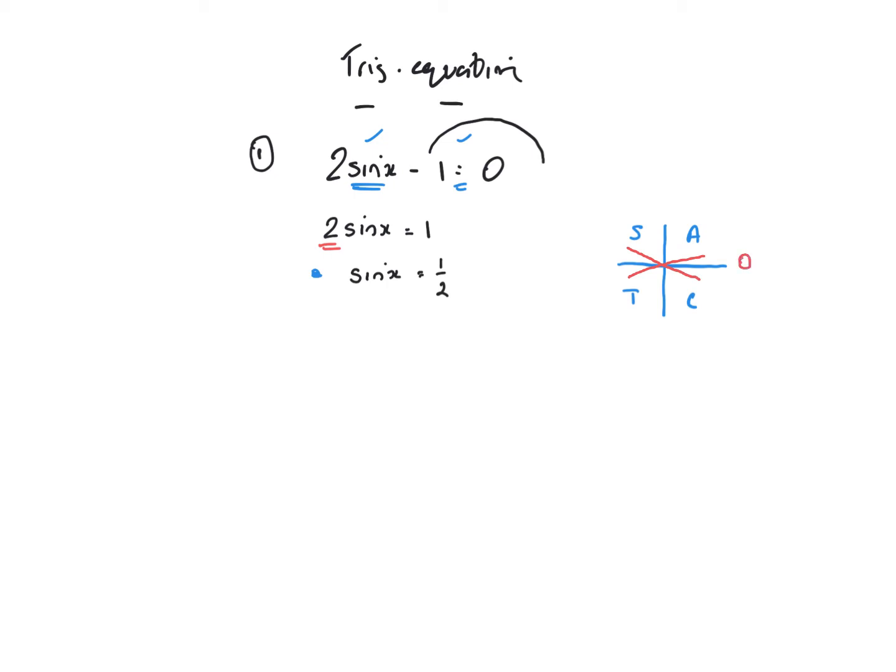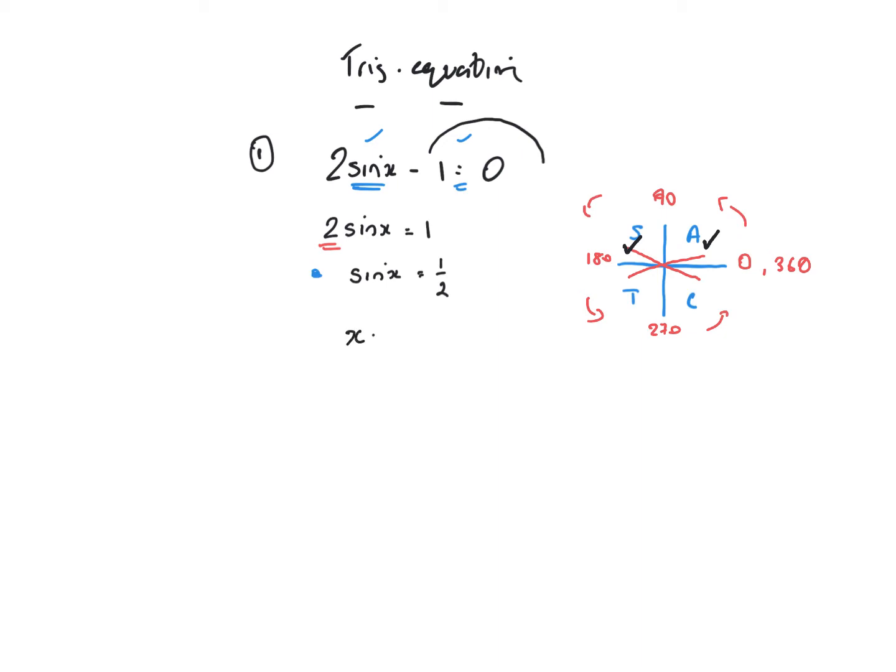We've got 0, and we're moving around 90 degrees to 90, another 90 to 180, another 90 to 270, another 90 to 360. Okay, so for sine x then, what we do is, again, this will be explained in more detail in class, we tick off all and sine, and that's going to give us 2 answers.